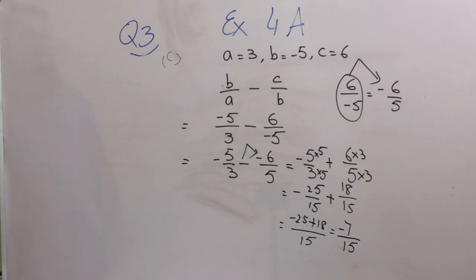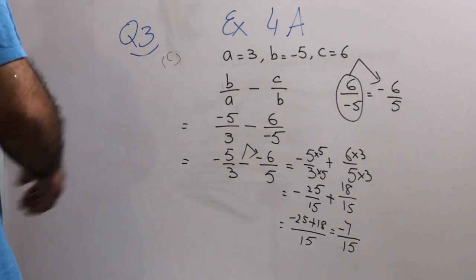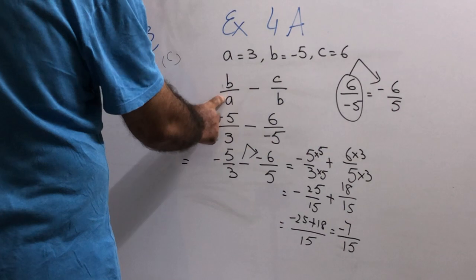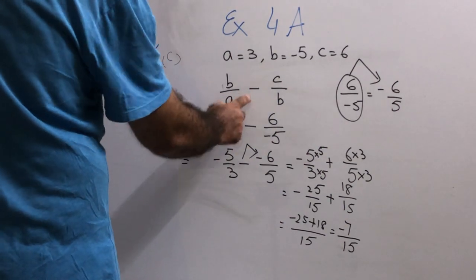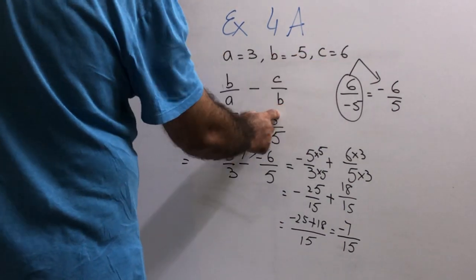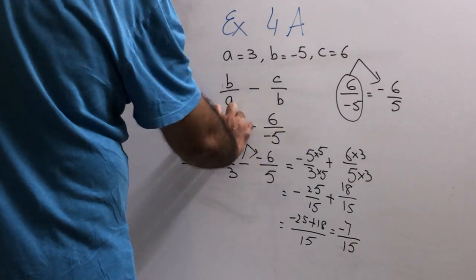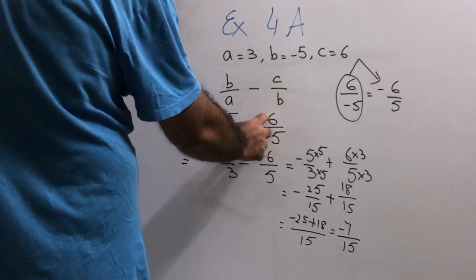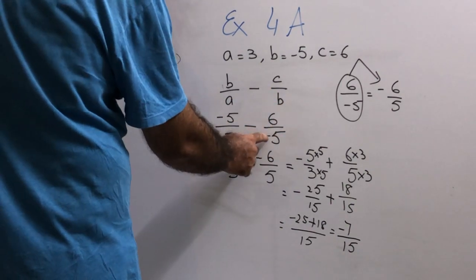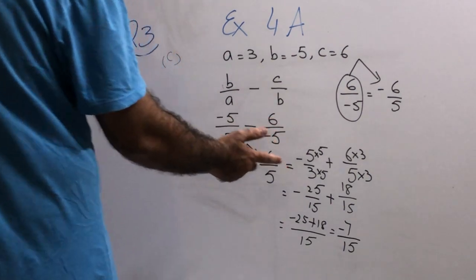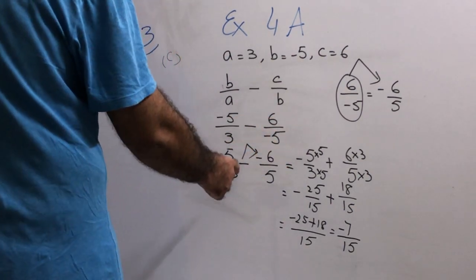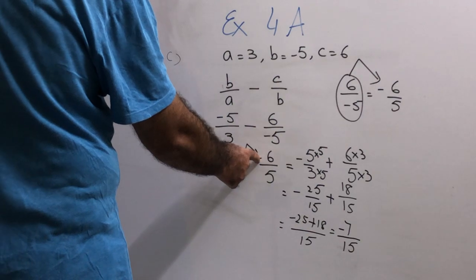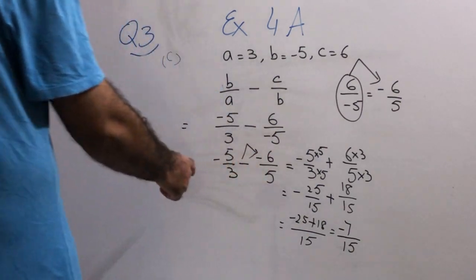I'll recap. The values of A, B and C were given. The expression was B over A minus C over B. So we plugged in the values. B was minus 5, A was 3, minus 5 over 3 minus C was 6, B was minus 5. So it became this step. Then we told you that 6 over minus 5 and minus 6 over 5 are the same. You can place this symbol here or here, it is the same thing. So we did accordingly. Then we told you that this minus will be multiplied with this minus sign and becomes plus.